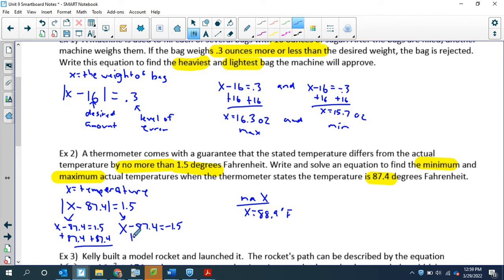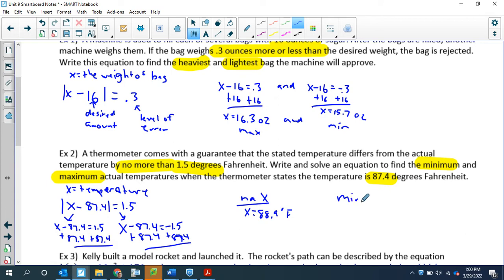And then again, we would add 87.4 to negative 1.5. And 87.4 minus 1.5 is 85.9.